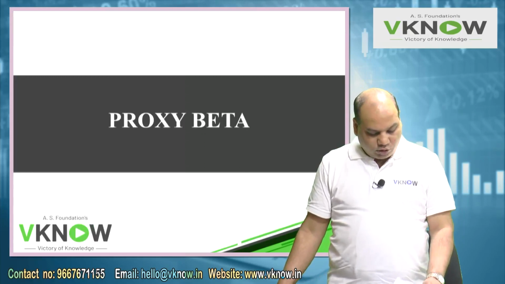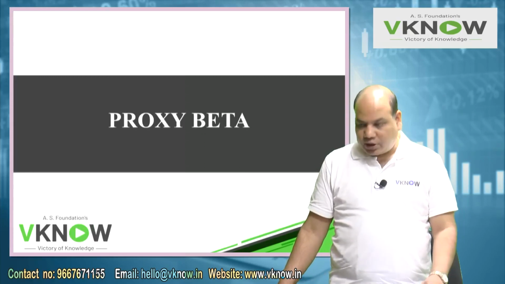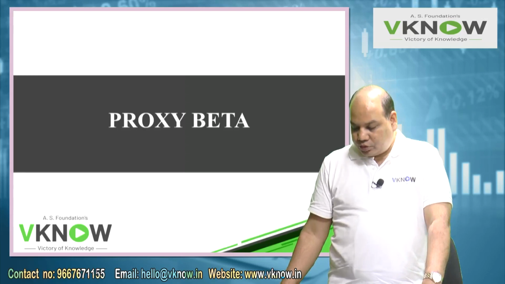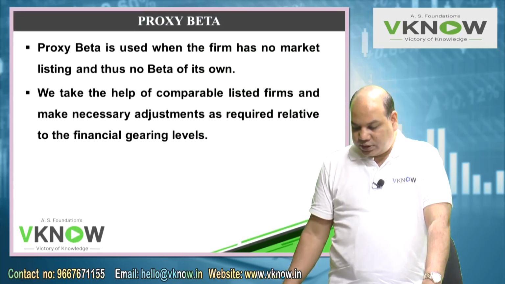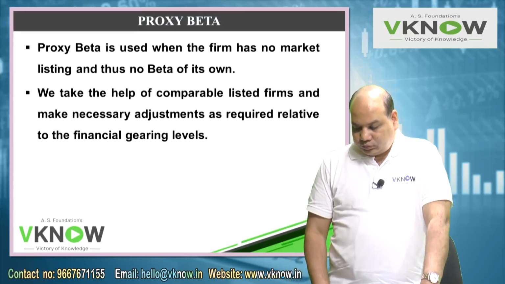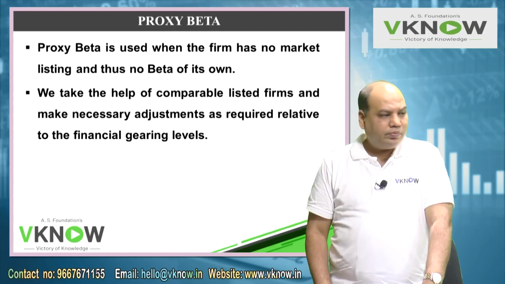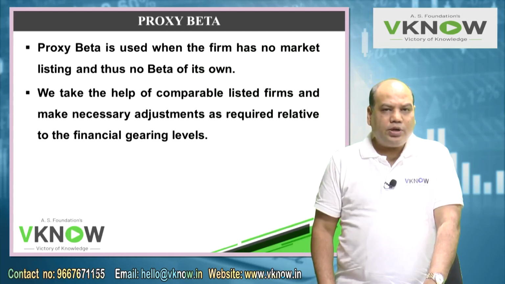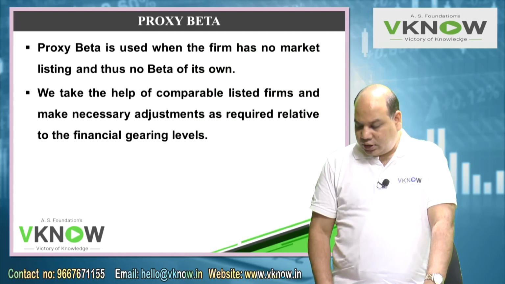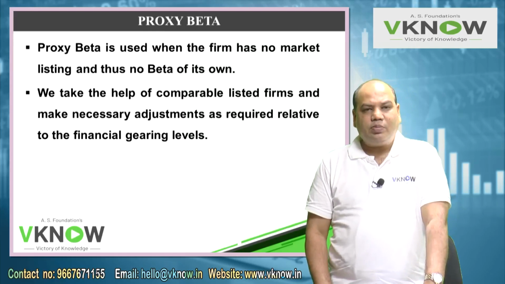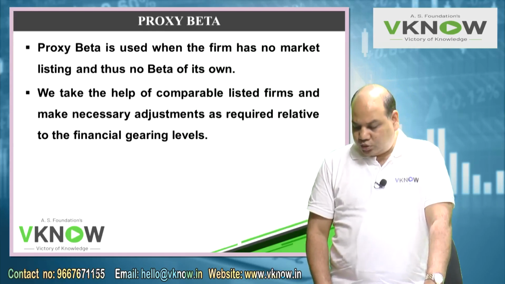Now we'll see the meaning of proxy beta. Come to paragraph 18 in the notes. Proxy beta means a representative beta. When a firm is not listed, its stock is not traded on the stock exchange, then we cannot calculate the beta of that stock. In that case, the beta of a comparable listed firm is used.